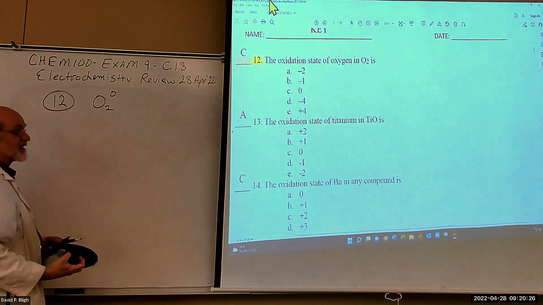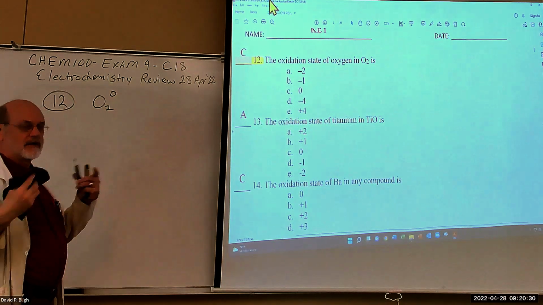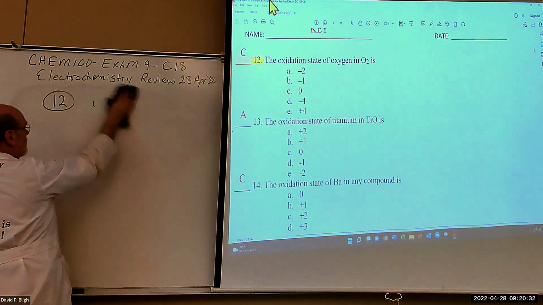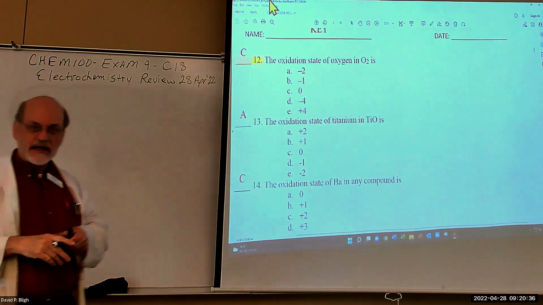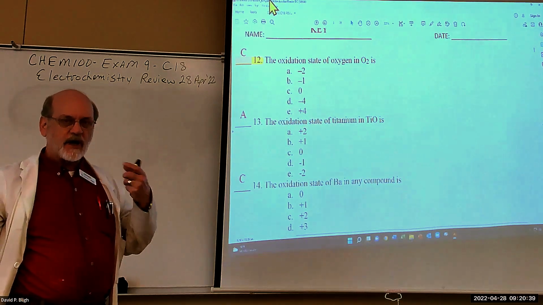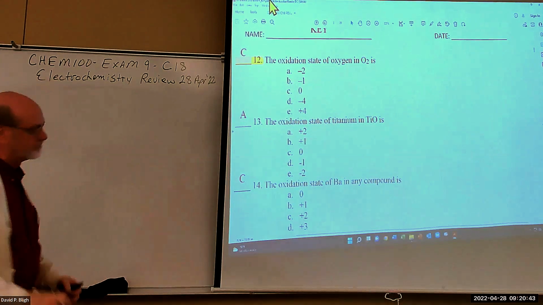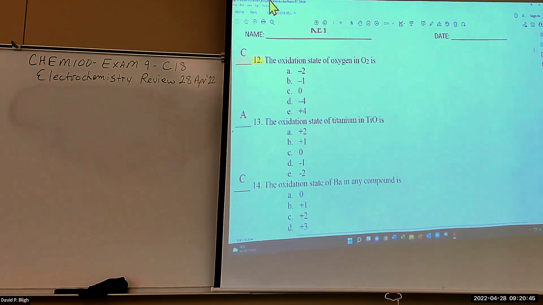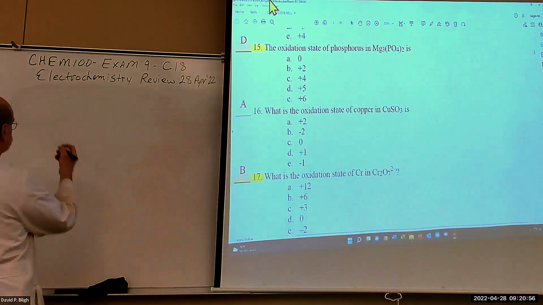Okay. Doesn't say that's in a compound, it just says there's your element, what's its oxidation state. Under standard temperature and pressure conditions, it will be O2, and each oxygen will be oxidation state 0. Okay. That's page 15.